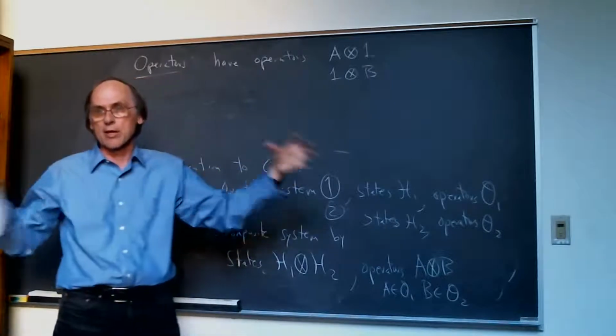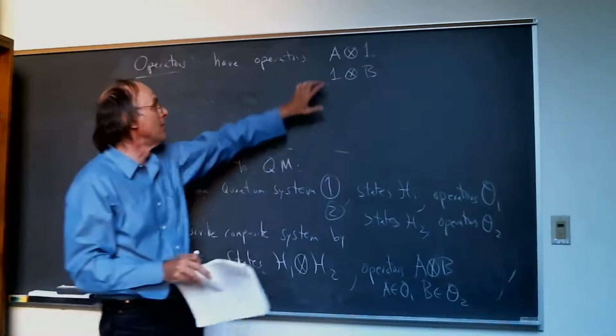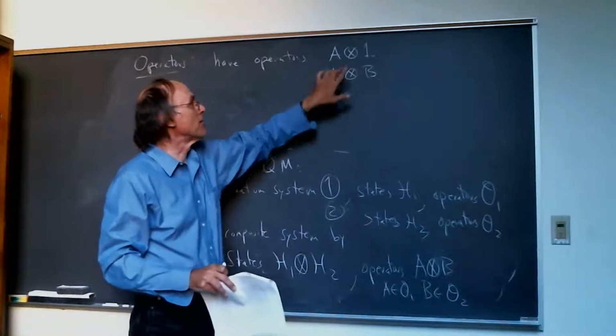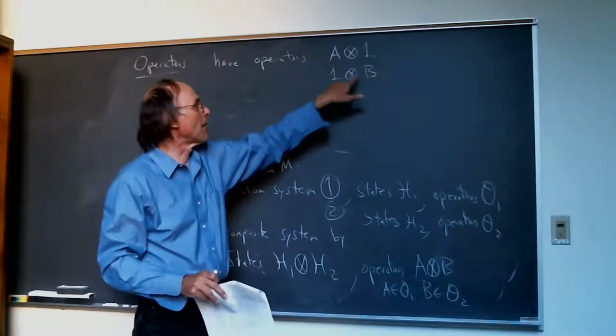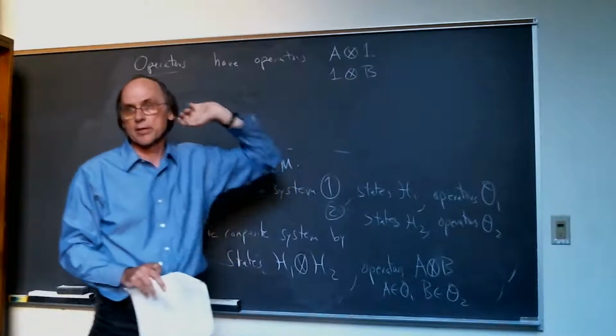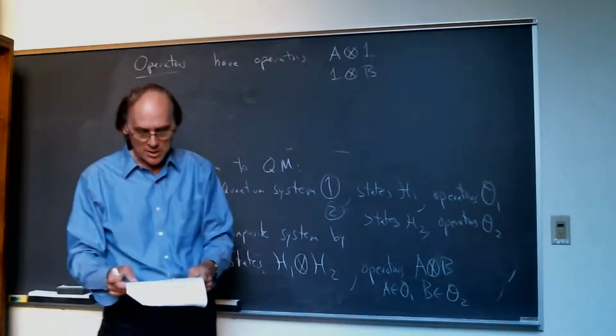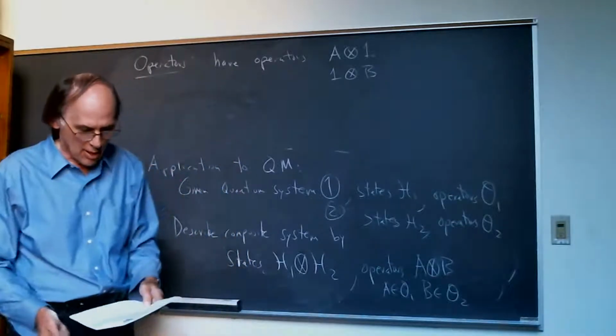So within this huge tensor product setup, you have each of the independent systems, but you've also got the ability to think about operators which are non-trivial on both sides. And those are going to be the corresponding interactions.